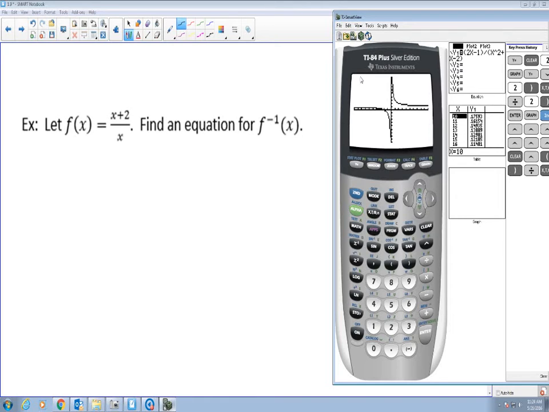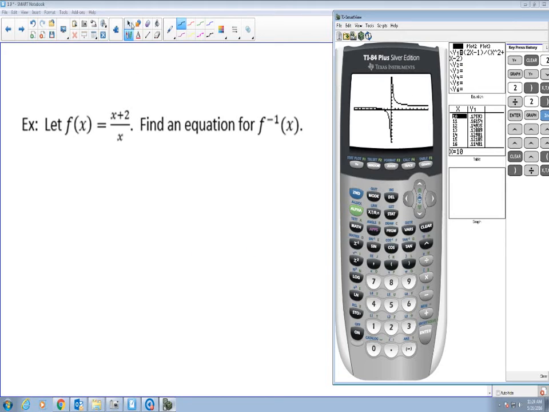Imagine if I draw a horizontal line, it will pass the horizontal line test, so this function is one-to-one. You probably notice that this part of the graph looks like a horizontal line, but it's actually not. As a matter of fact, the y value is decreasing a little bit at a time. That's why it appears to be a horizontal line, but it's not.